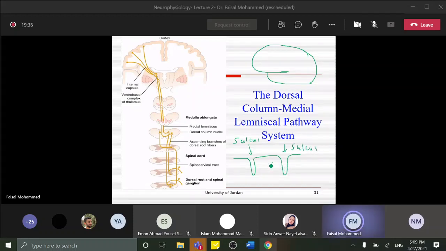The area between two sulci, the plural of sulcus, is called a gyrus. So a gyrus is an area between two sulci.